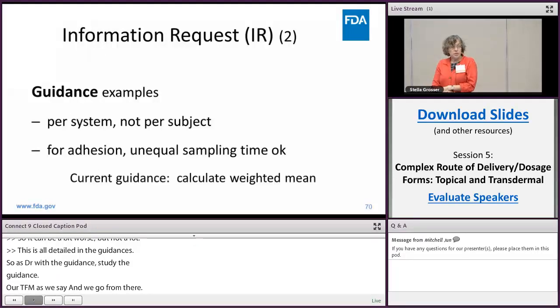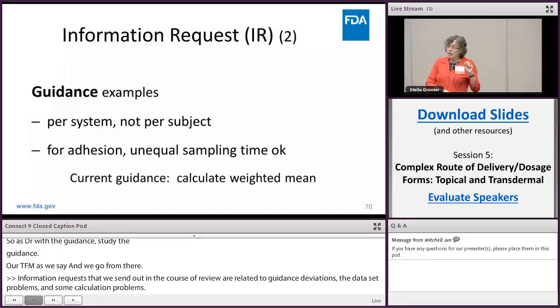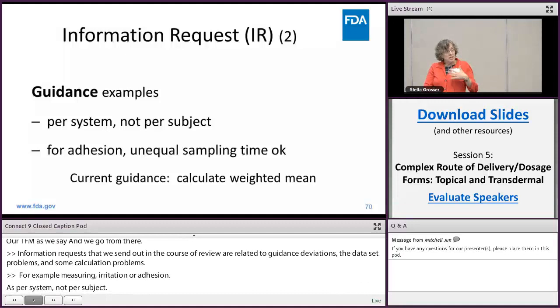For example, it's sometimes misunderstood. We're measuring irritation or adhesion as per system, not per subject, because each subject usually gets one of each. For adhesion, since the guidance was released fairly recently, we say unequal sampling time is okay.